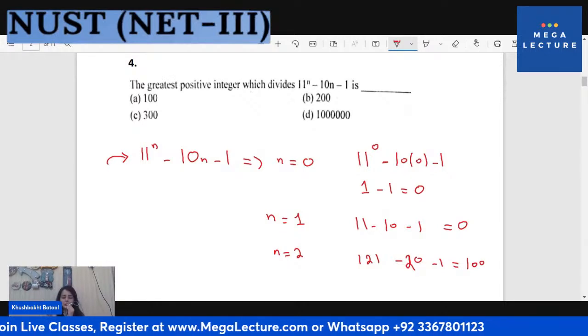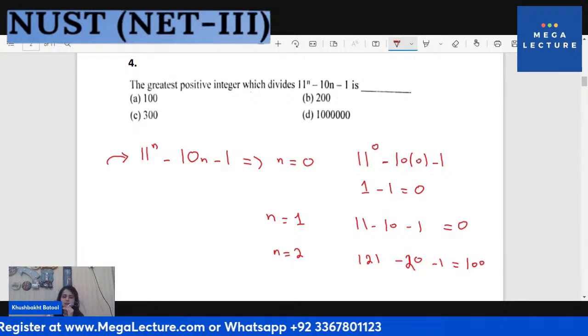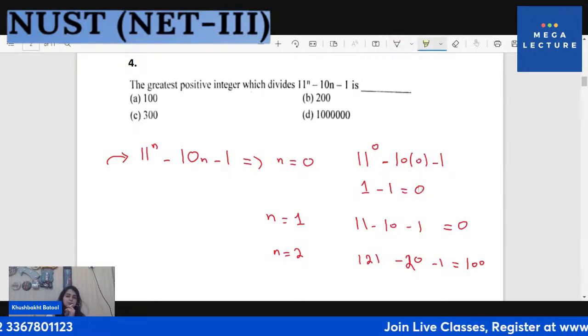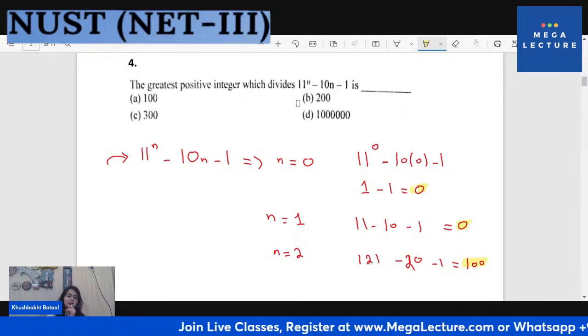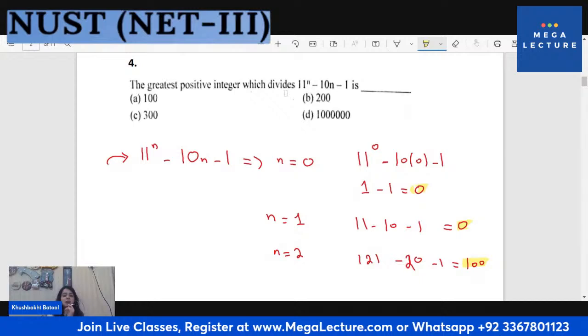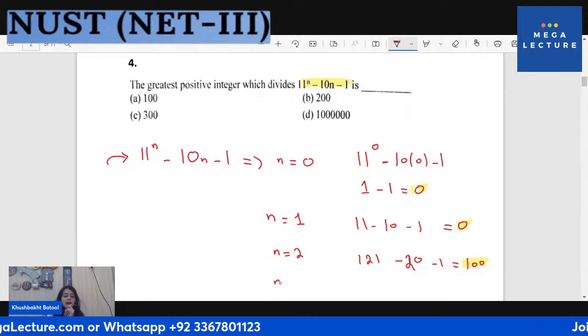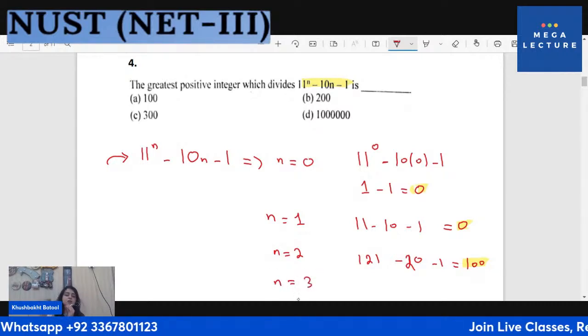Now obviously calculators are not allowed in this exam, so whatever you will be doing, you'll be doing without a calculator. Now what can you see? So far we got 0, 0 and 100. Now the greatest positive integer which divides this number is what? Now when I will add n equals 3, n equals 4, stuff like that, we will get bigger numbers.